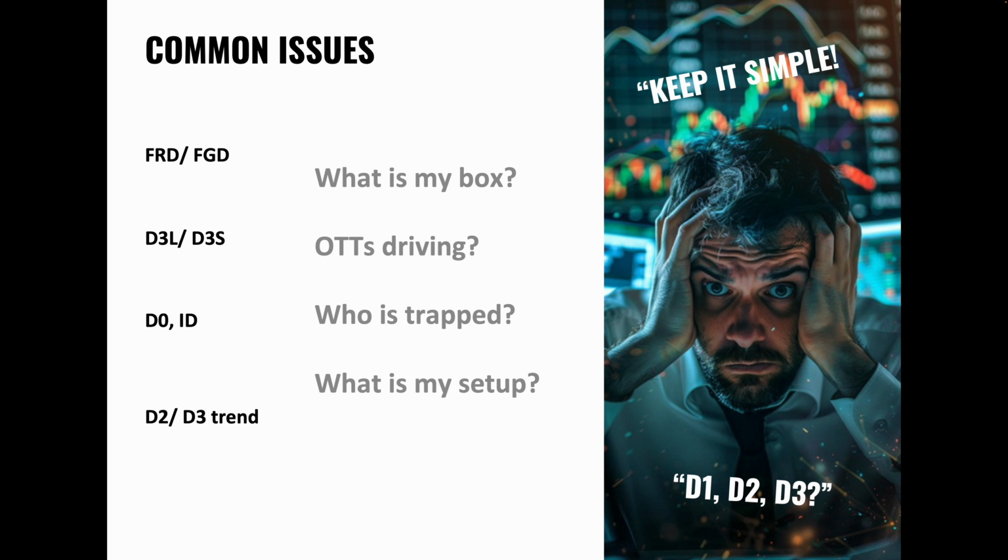Then, are other time frame traders really driving, and in which direction? What's their plan? Then who is trapped? Who's really trapped? On what time frame? How to line this up? And when is it confirmed? And then, what is my setup? And there's a lot of confusion around these things.